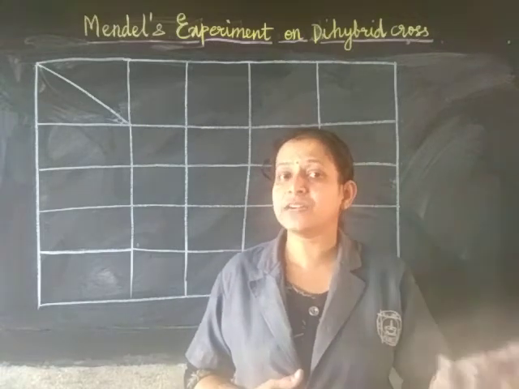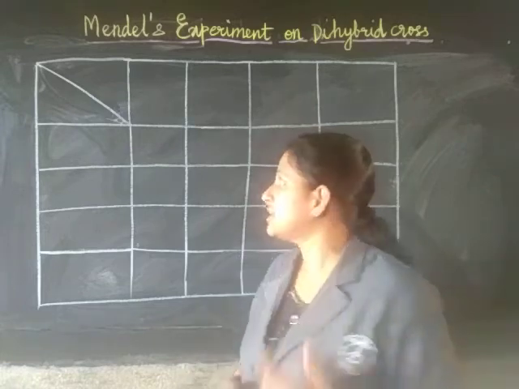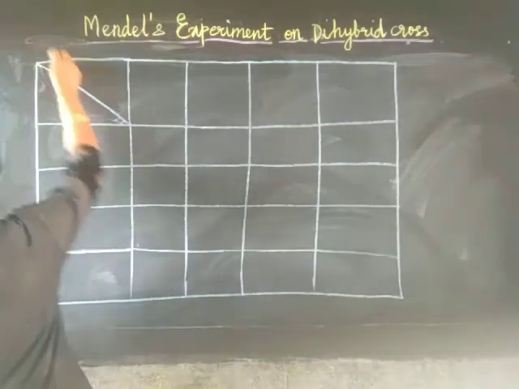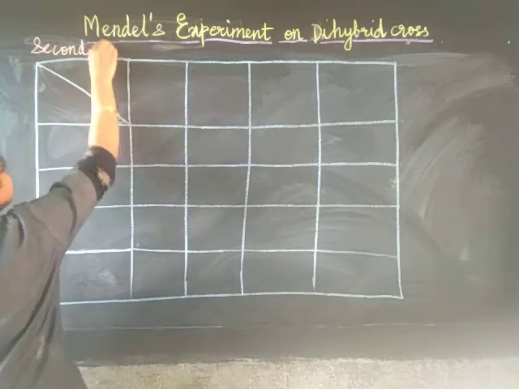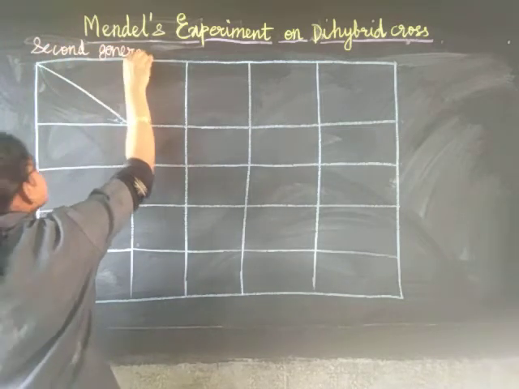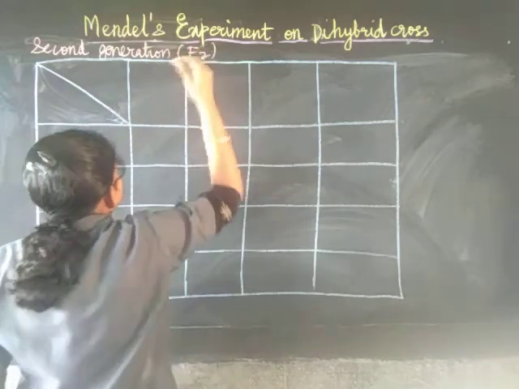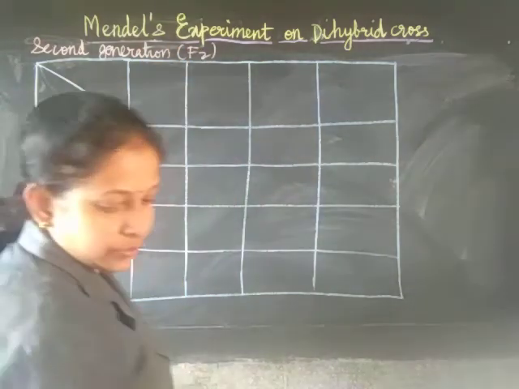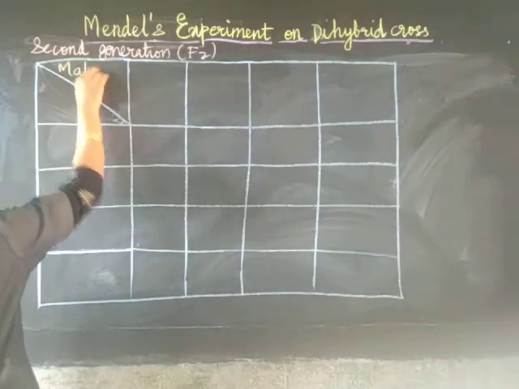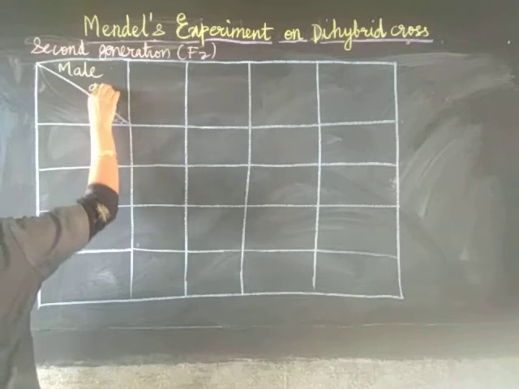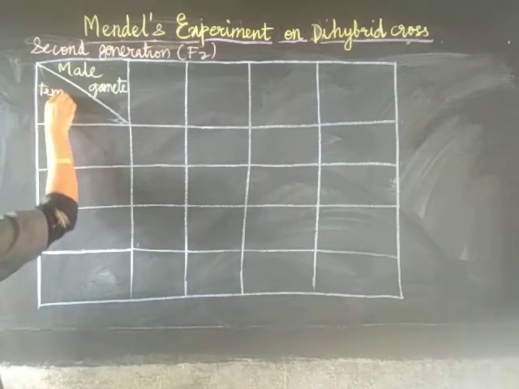We have already learned the first filial generation. Now we are talking about the second generation, that is also called F2. You know that one will be acting like a male gamete, another will be female.